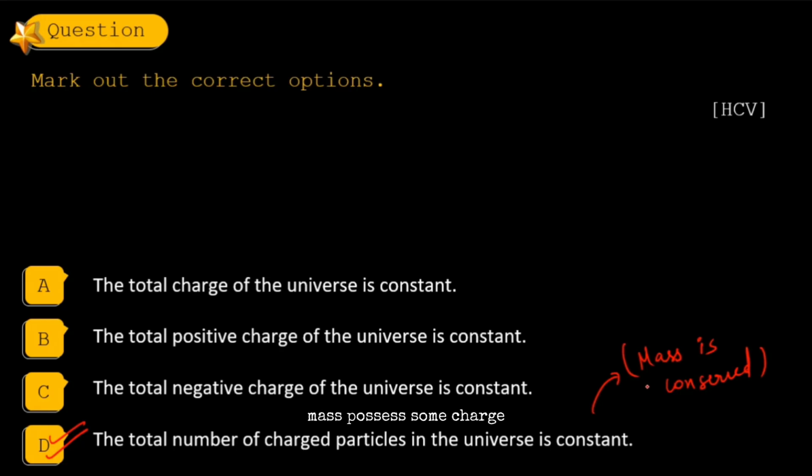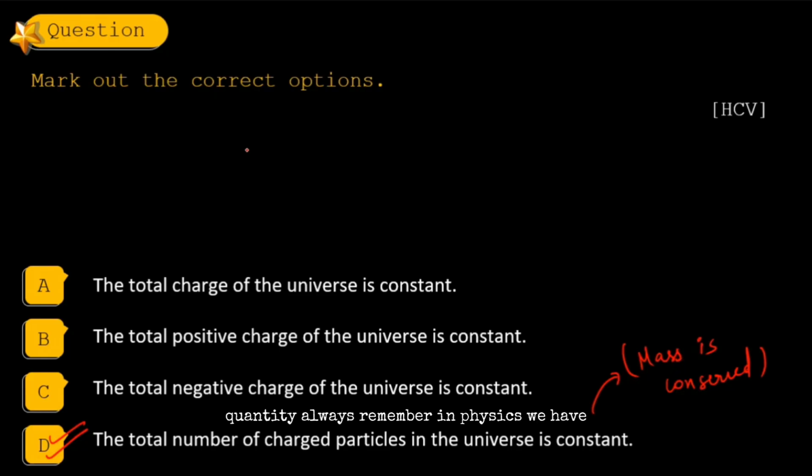Every mass possesses some charge. If there is a charge transfer, there is a mass transfer. So mass can neither be created nor destroyed. That is why we have the conservation of charge principle. Because we are not actually talking about conservation of charge, we are actually talking about conservation of mass, because mass and charge are interrelated quantities.